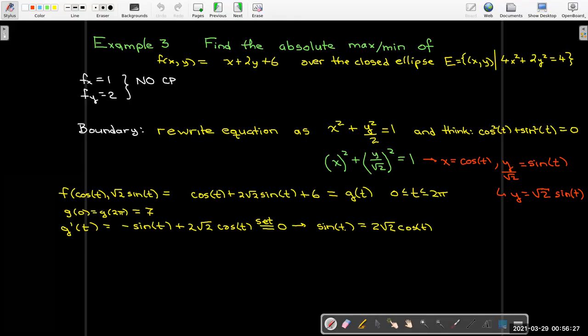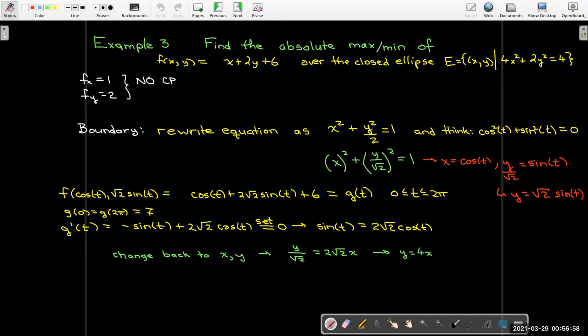But another way that we could proceed to find the absolute max and the absolute min on the boundary is to switch back to x and y. Sine of t is y over radical 2, and cosine of t is just x. So we have this relationship between y and x, which I can simplify as y equals 4x.